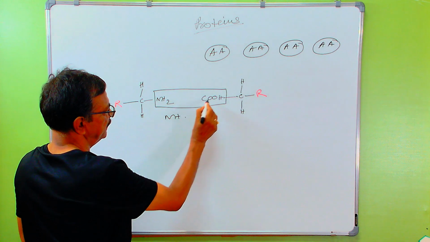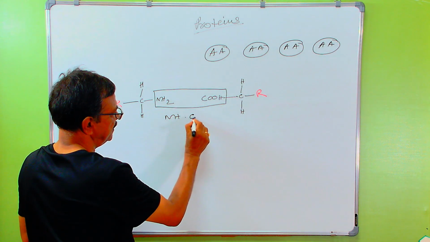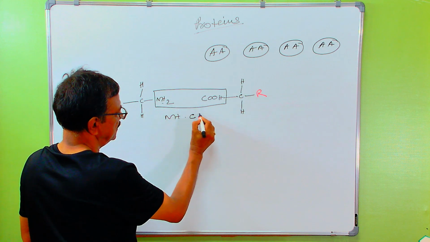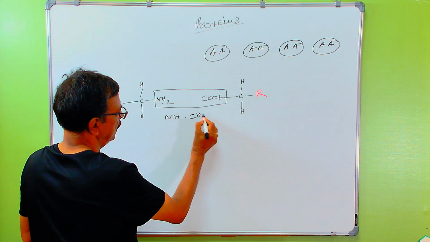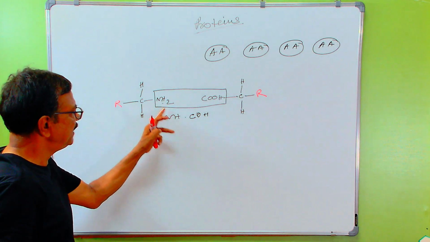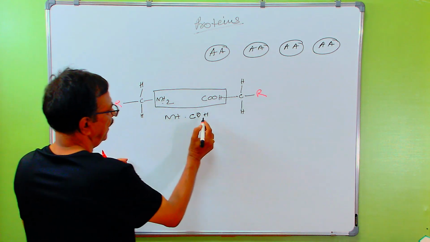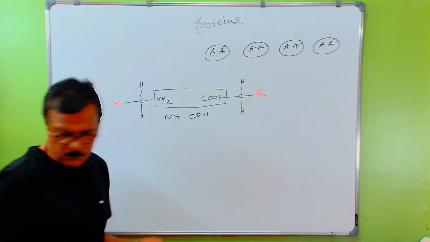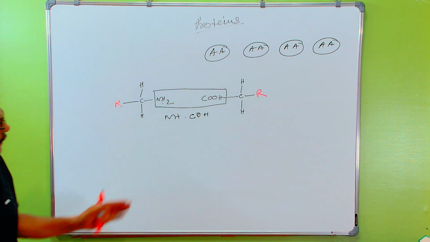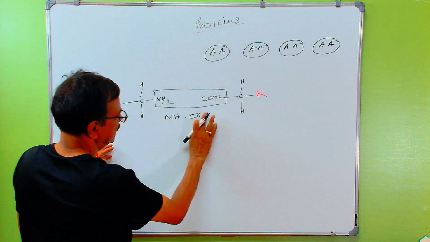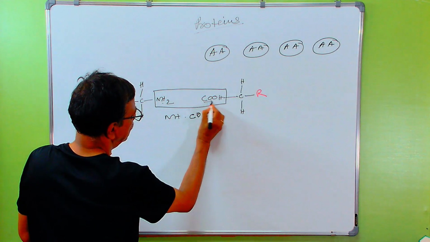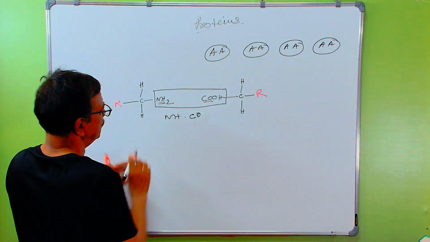NH2 and COOH, NH2 COOH, CONH bond, CONH. Here CO will come and here from NH will come.